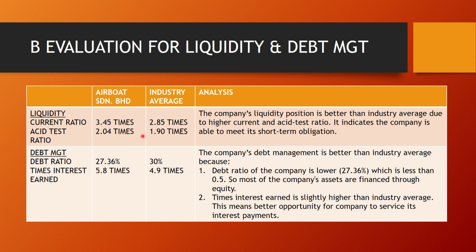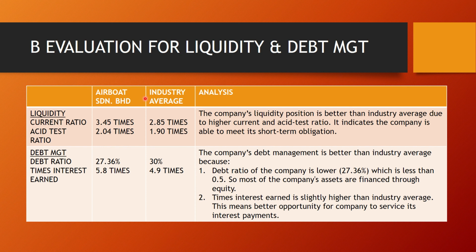Question B, evaluate the company's liquidity and debt management for 2017 as compared to industry average. To make a better comparison, we prepare a table and put the ratios of A Board Sdn Bhd and industry average side by side, so it is easier for us to compare.